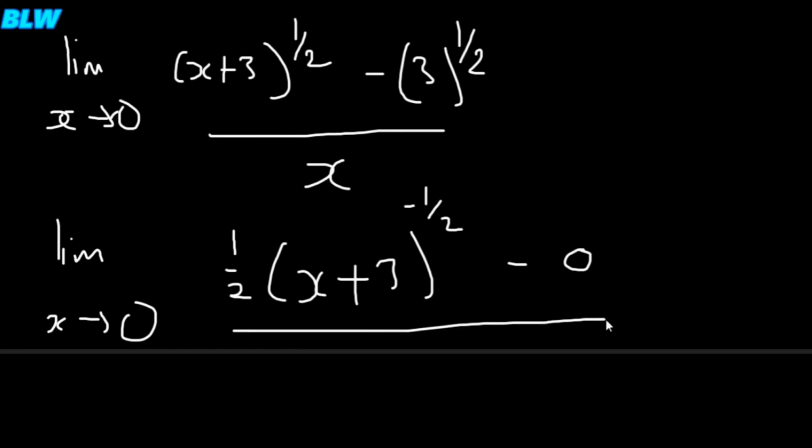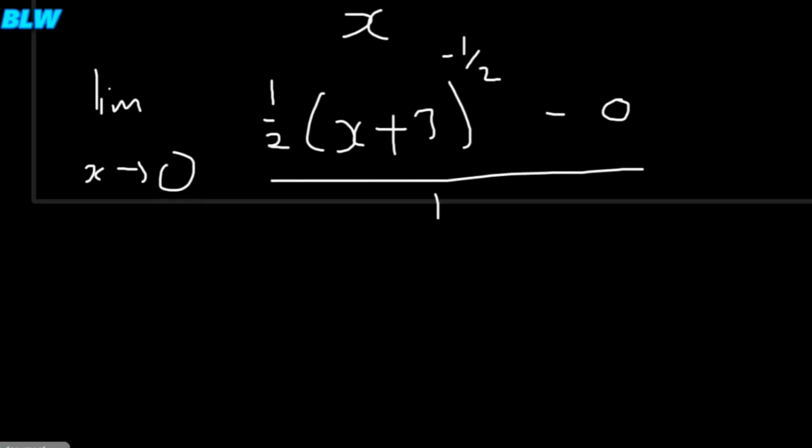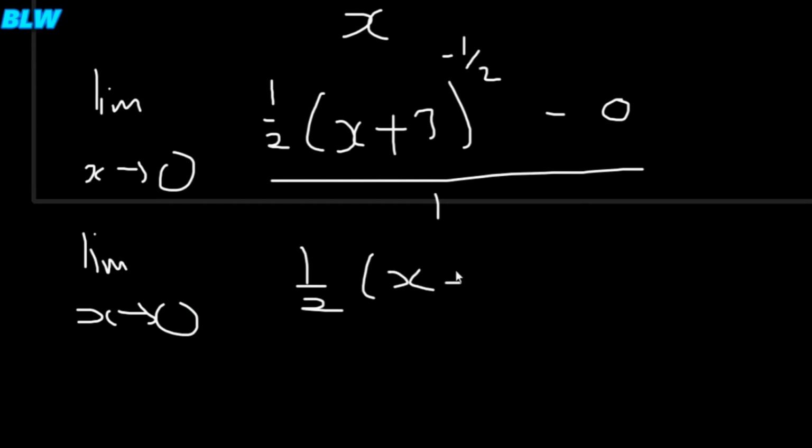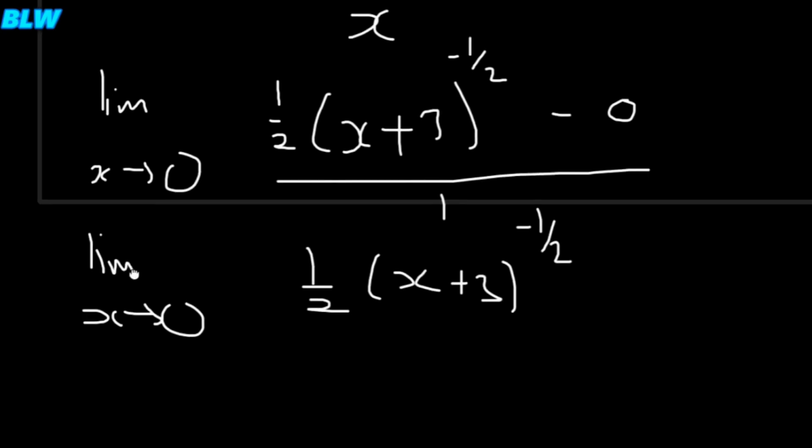All divided by the derivative of x, which is 1. So at the end I'll have the limit as x approaches 0 to be 1 over 2 times (x plus 3) to the power negative half. You can leave your answer like this, or you can go ahead and simplify it.